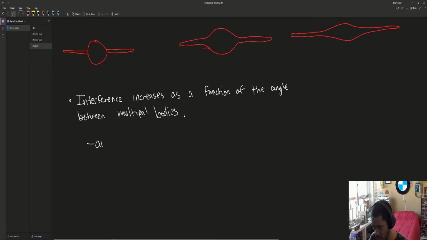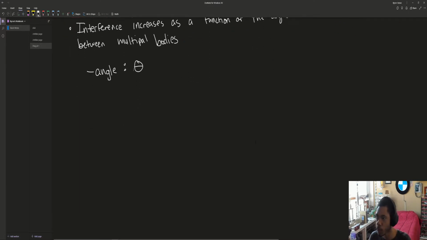For this, we're going to denote the angle between them simply as theta. It's a really nice angle. So, let's go ahead and take a look at a couple different cases here.